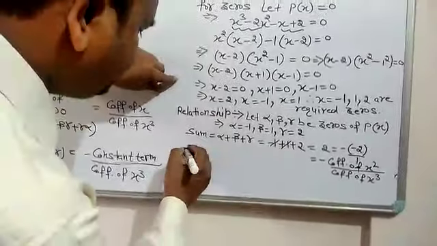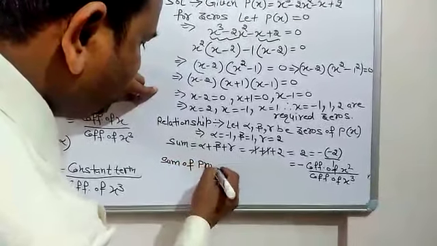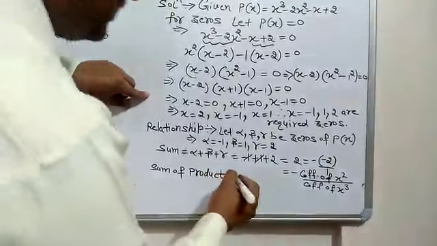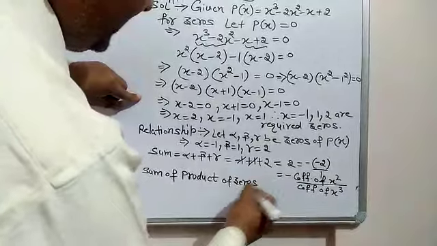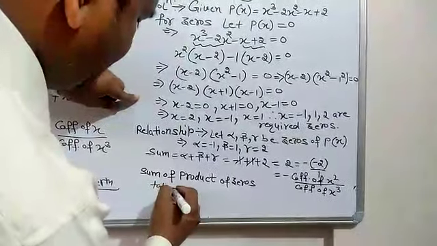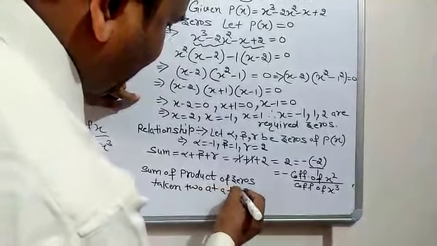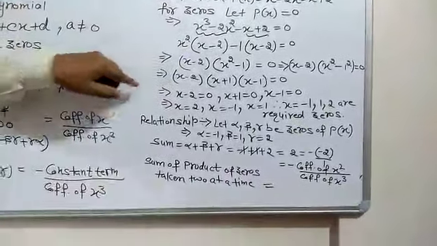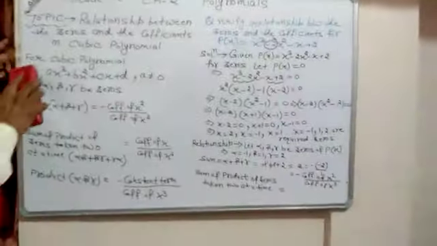Next one is the sum of product of zeros, taken 2 at a time. That means, students, I have no space, so I have to create the space here.